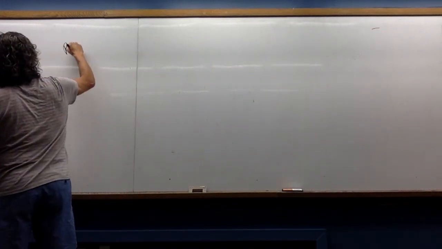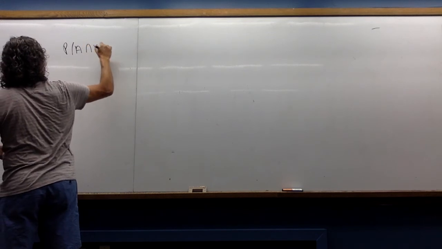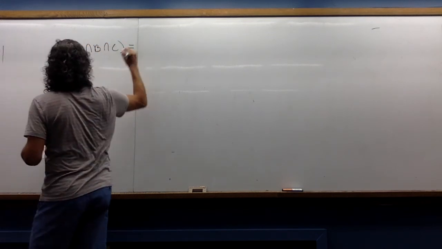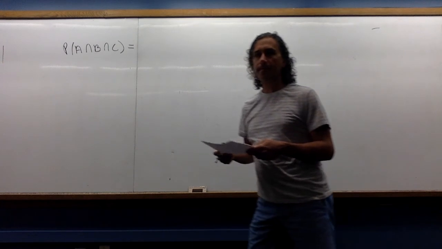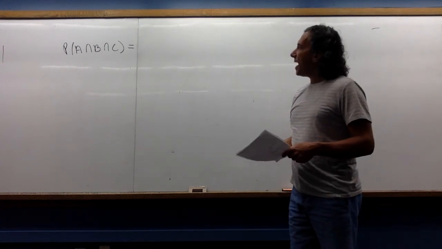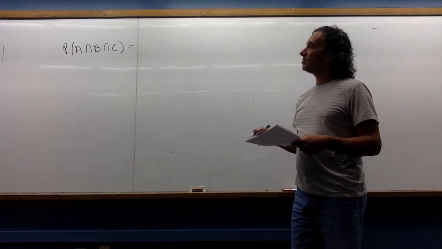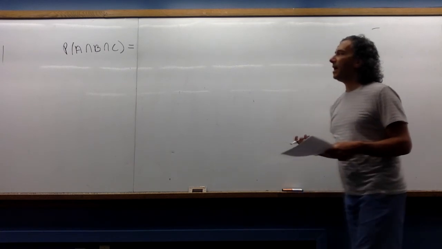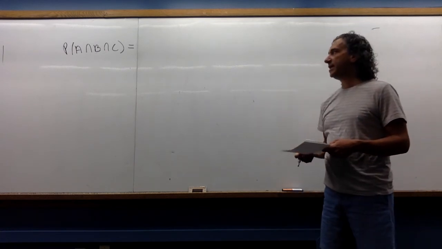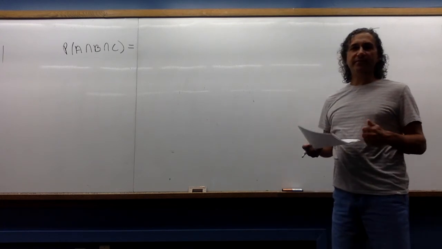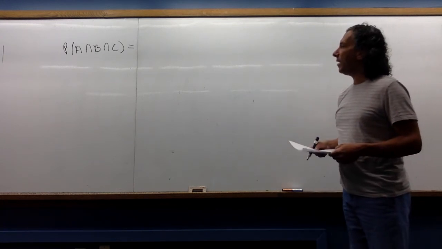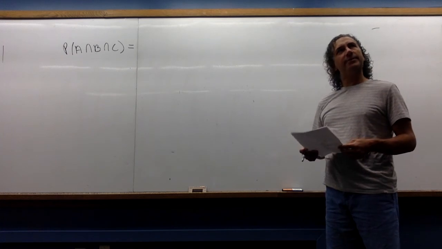So let's say I want the probability of A and B and C. So this has a nice formula associated with it. Again, it's a natural result once you see it. You may need a little bit of time with it, but hopefully after playing around with it, you'll be like, yeah, that makes sense.